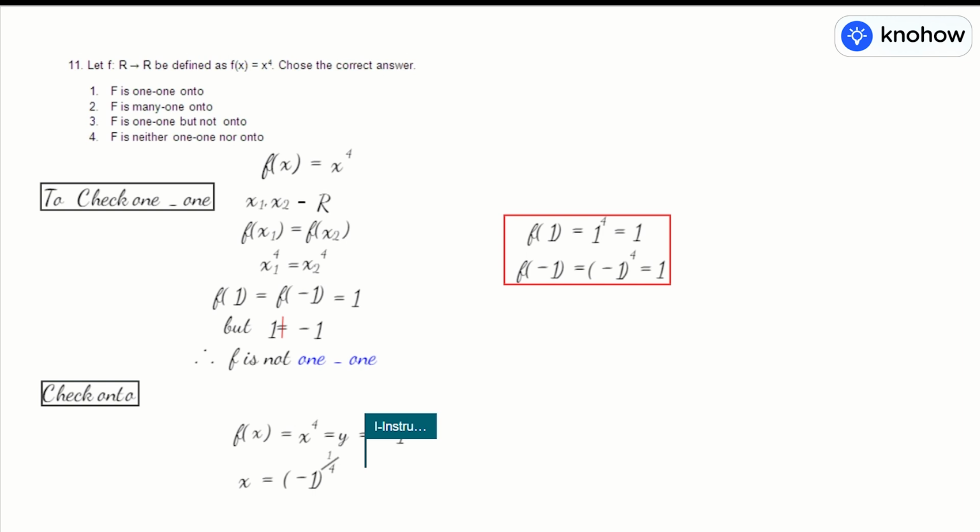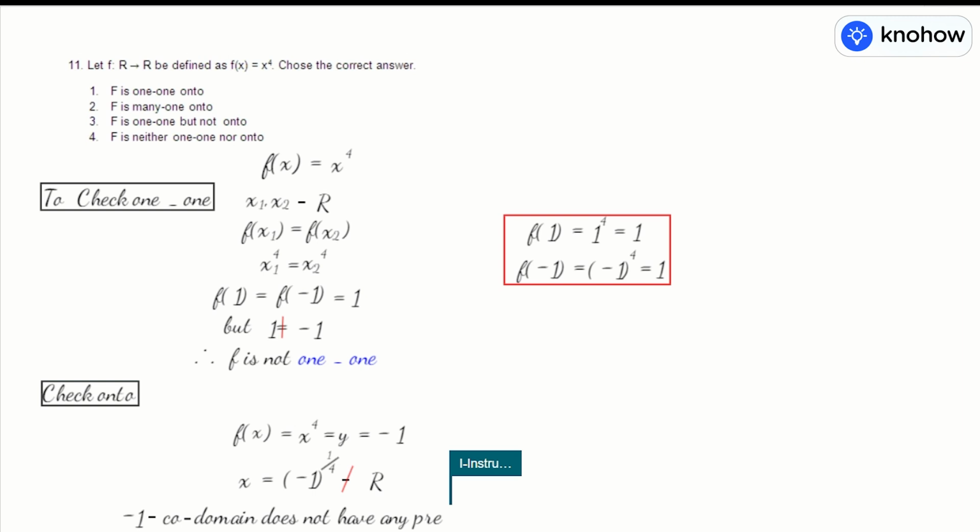It does not belong to the real numbers. That means negative 1, which belongs to the codomain, does not have any pre-image in the given domain, and hence it is not onto.